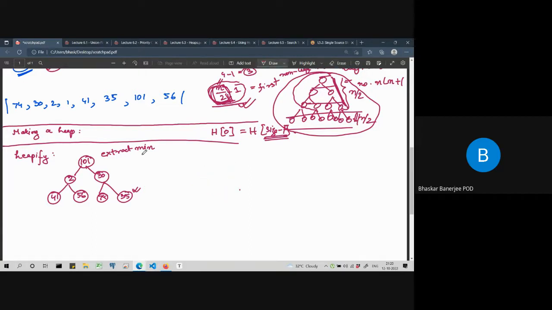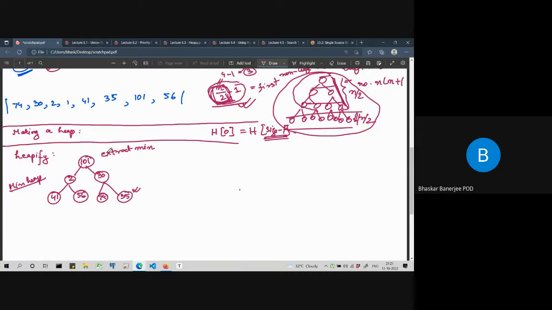Okay, so now we have placed 101. But you remember this is our min heap. This heap is our min heap, so every parent node must be smaller than the child node. But what we have done is taken the last node, and what we can always guarantee in a heap is that the last level of nodes in a min heap would be the largest of the elements, right?